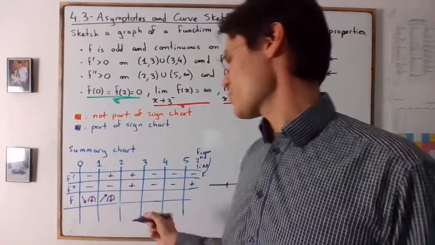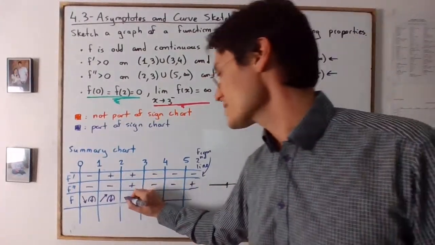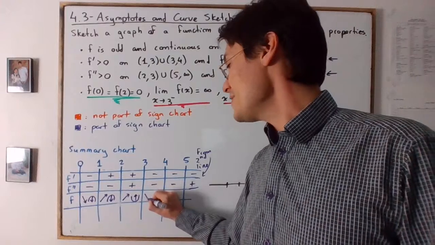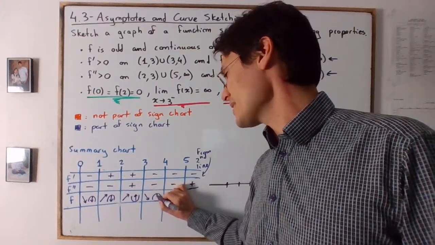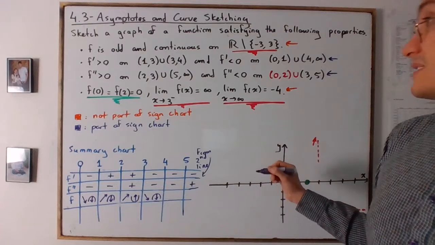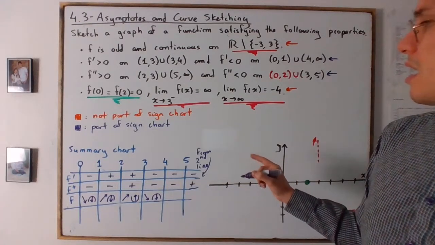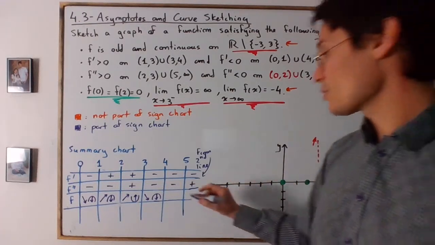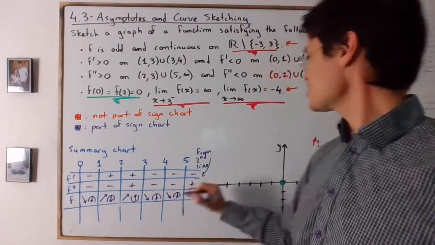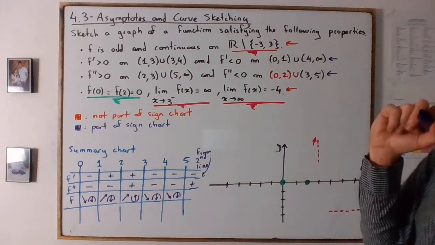You just pretty much read both lines. Then it's going to be increasing concave up, decreasing concave down. That's going to be a funny thing, unless I messed up somewhere. But no, I didn't. It's totally fine. Then it's going to be decreasing concave down. So it doesn't change any behavior over there.